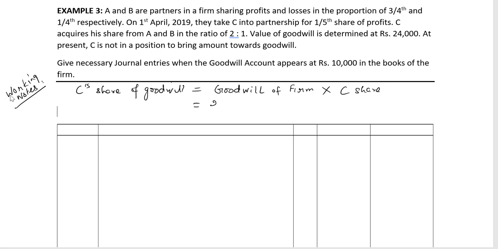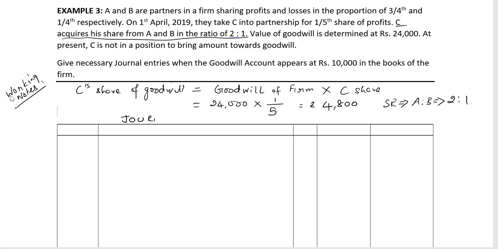This is equal to 24,000 rupees, goodwill of the firm, multiplied by 1 divided by 5, which is C's share, which is 4,800 rupees. Also, the sacrificing ratio between A and B. It's given that C acquires his share from A and B in the ratio of 2:1. So the sacrificing ratio between A and B is 2:1. So let's go ahead with the journal entries.